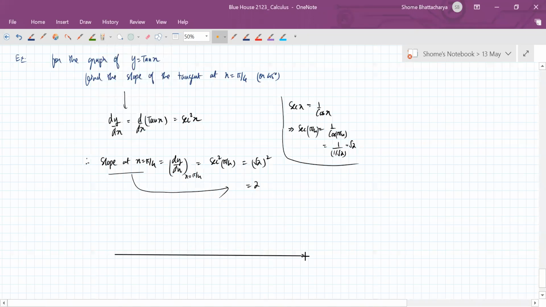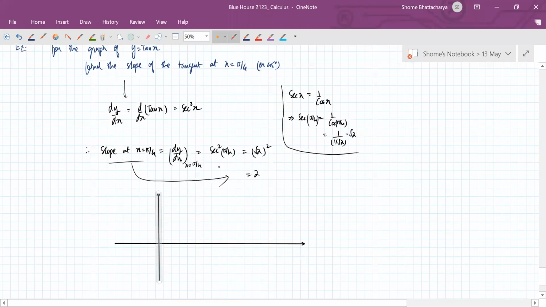So in your trigonometry lessons in maths, you might have seen the graph of tan x. It's a somewhat more complicated graph compared to sine and cos. That graph goes from 0 and approaches infinity as x approaches pi by 2. And then again, in the second quadrant, it goes from minus infinity to 0.